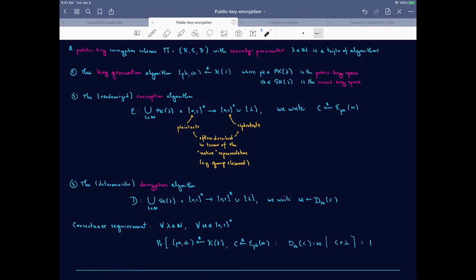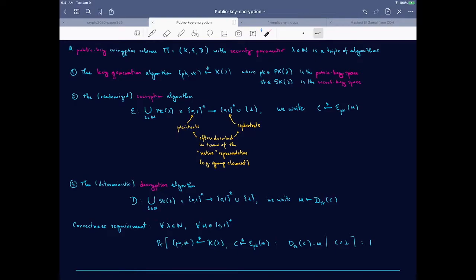We formalize syntactically encryption as taking in bit strings and outputting bit strings, but more often we'll end up talking about encryption in terms of the native representation of the things that are being encrypted. So we'll see, for example, when one is building an encryption scheme whose security is based upon the hardness of some underlying cyclic group, then the plaintexts are actually going to be group elements. Of course, one couldn't always encode these as bit strings, but it will often be easier.